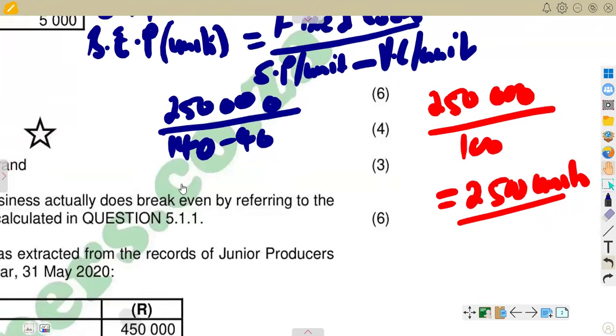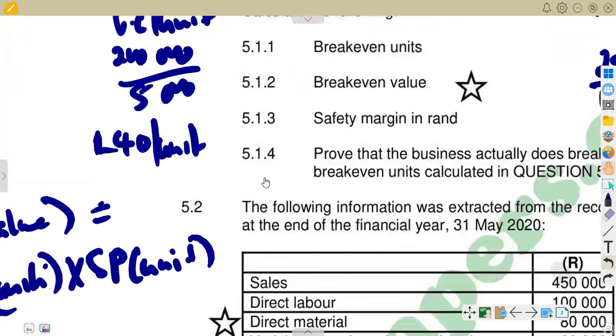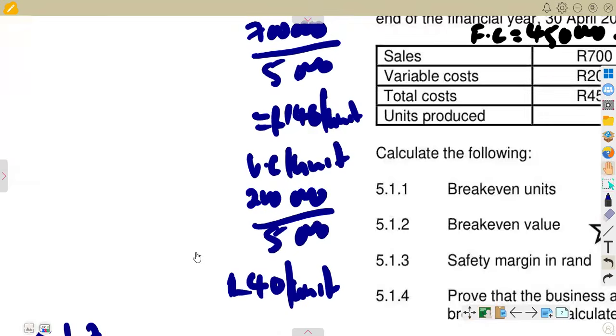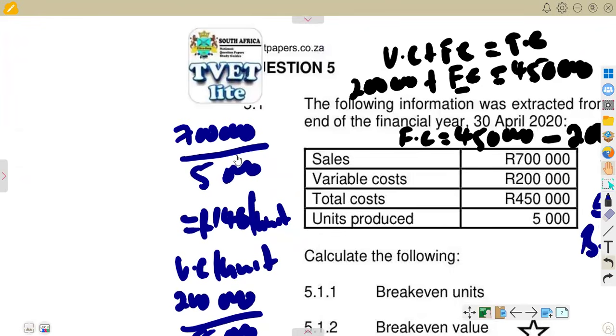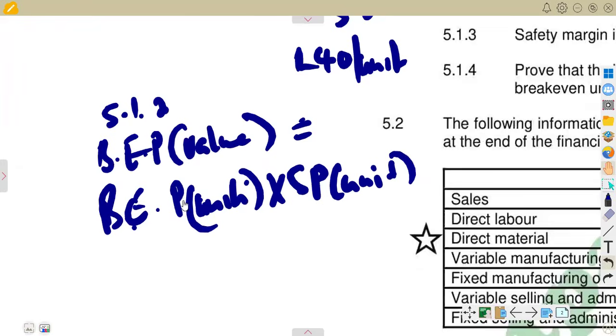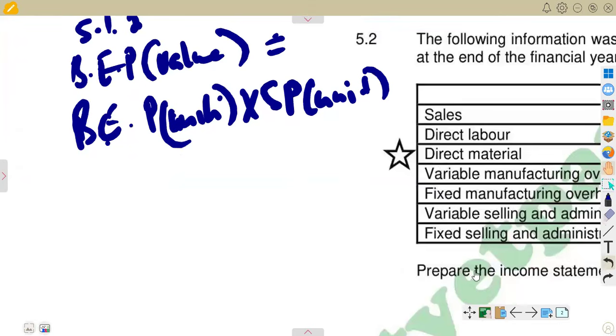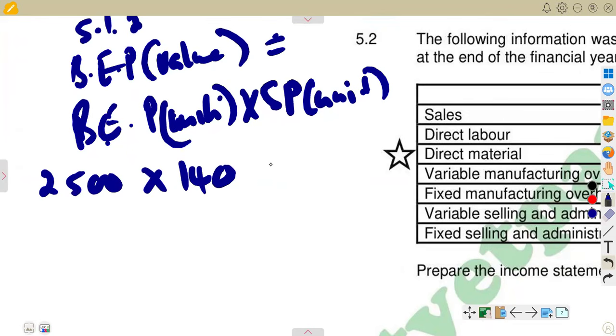And then we multiply by the selling price per unit. The selling price per unit that we got here is 140. It's 140 per unit. So we are just going to substitute that. So 2,500 is units, and this one is selling price per unit.